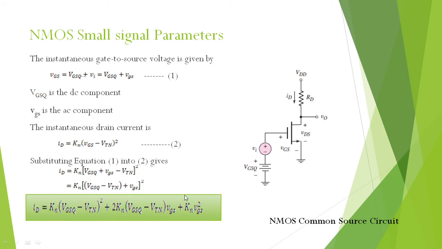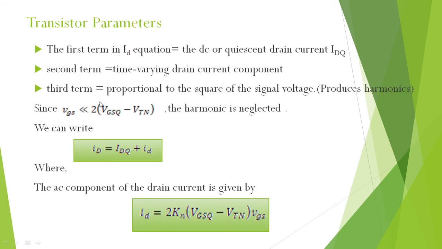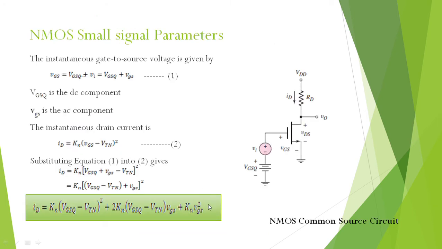From this expansion of the drain current, it is clear that it consists of three terms. The first term is the DC or quiescent drain current IDQ, the second term gives the time varying drain current component, and the third term is proportional to the square of the signal voltage, that is vgs square, which represents the harmonics present in your circuit.